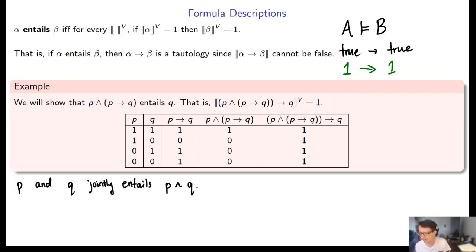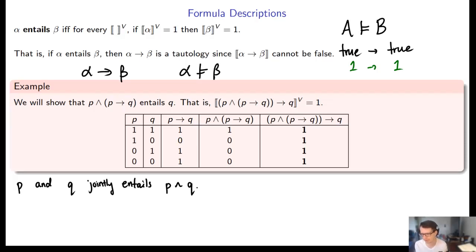So I can show you how we can do this. Let's say we have two well-formed formulas, alpha and beta. And we want to ask ourselves, does alpha entail beta, or just does A entail B? It's the same thing. We're just changing A to alpha and B to beta.